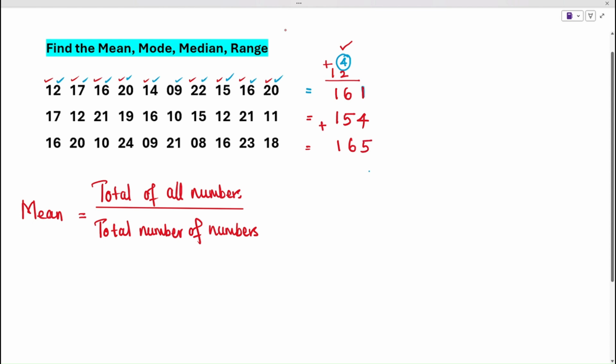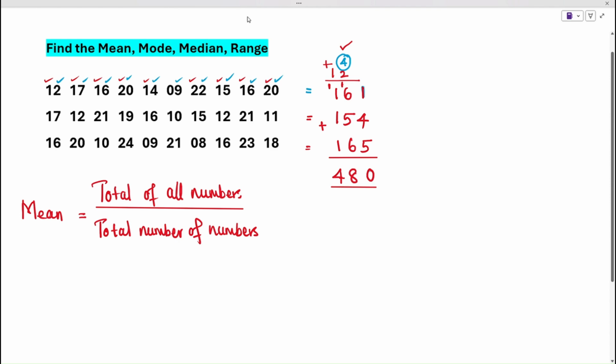Now we add them all together. 1 plus 4 is 5, plus 5 gives us 10, so we write 0 and carry our 1. 1 plus 6 is 7, plus 5, which is 12, plus 6, which is 18, so we write 8 and carry 1. And there are 4 ones here, so that's 4. So we have our total as 480.